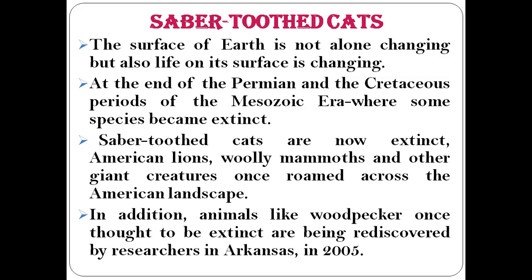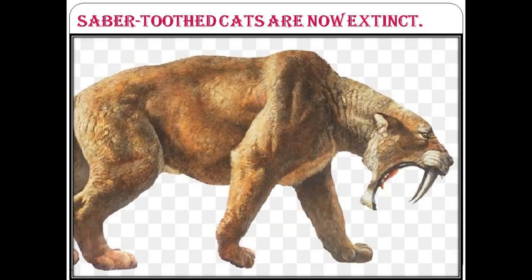Later they discovered organisms living off the minerals emitted by these vents. And in the 1990s, another new kind of life was discovered, near the mouths of lobsters. So this is about the saber-toothed cats, which have now become extinct. This is the picture of the animal which has become extinct.